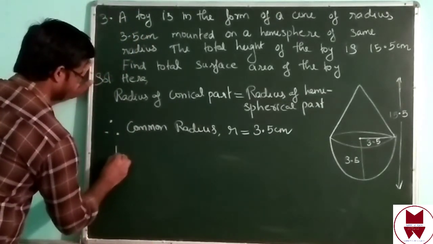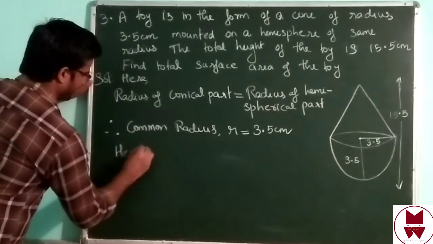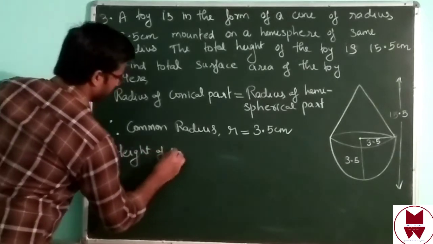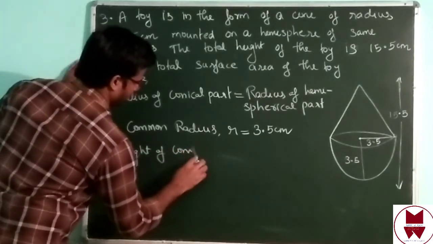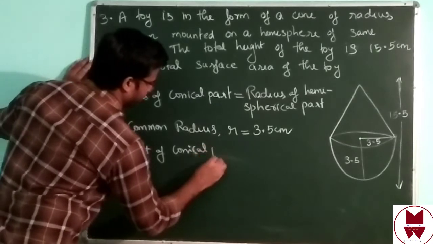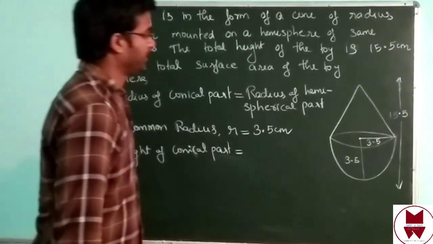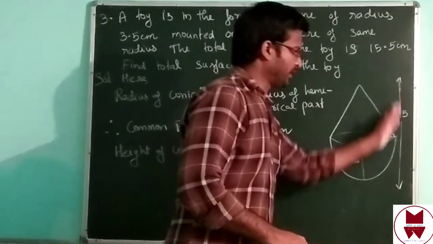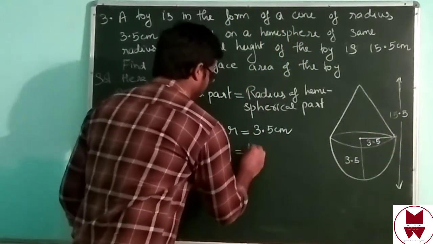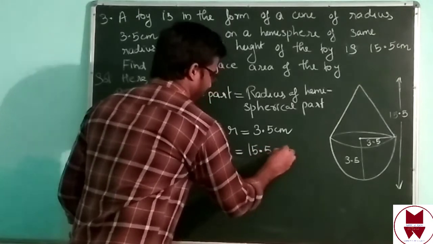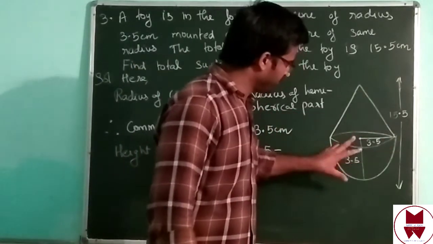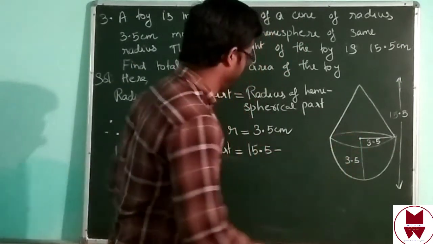Then height of conical part. What will we get? This total height is 15.5. From total height we will subtract this 3.5.